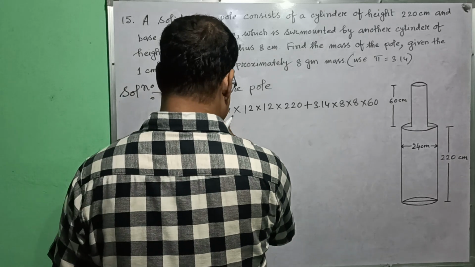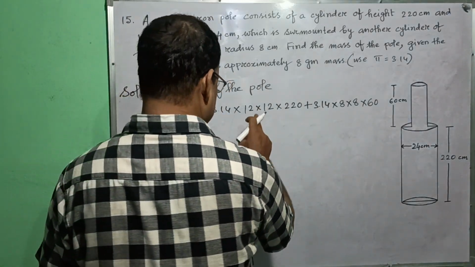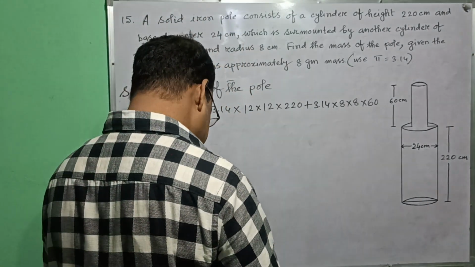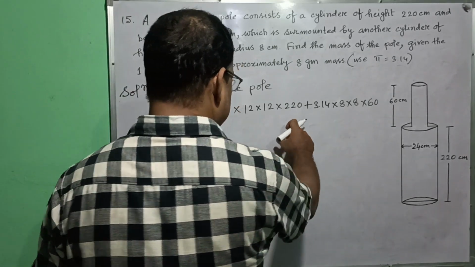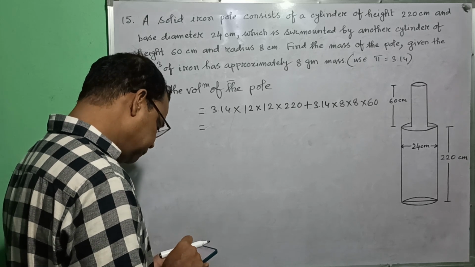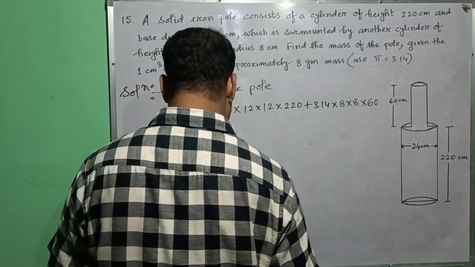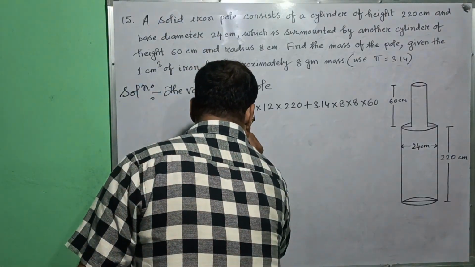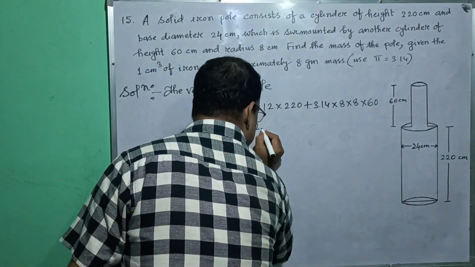So you can see here 3.14 into 12 into 12, we know 144. So 144, and then we'll multiply by 220, equal to 99475.2.